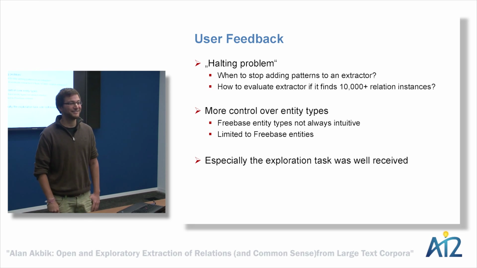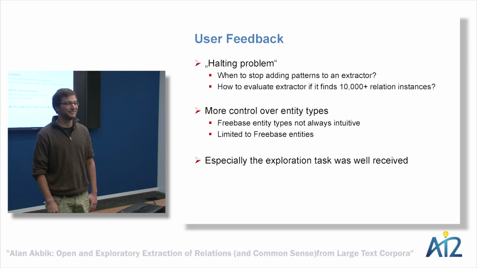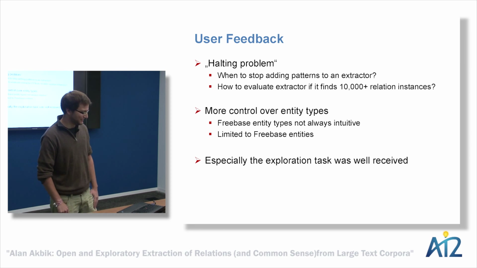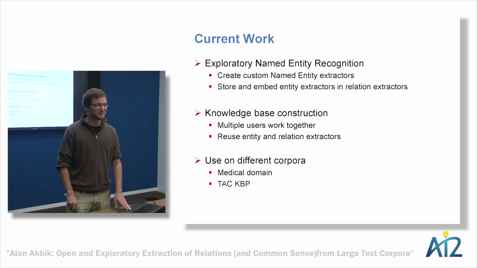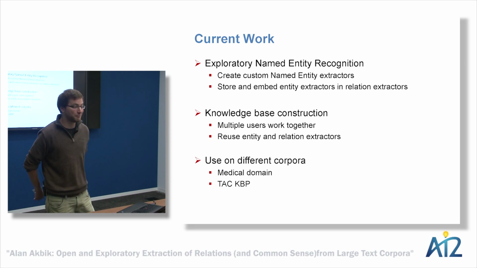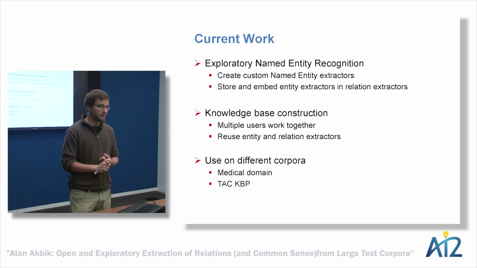Yes, yeah. Is there a way to write patterns for higher order relations that basically combine two relations? Yes. Not in this tool, but it's already online, but I'm not giving you the address because we're still working on that. So basically what we're doing right now is based on this feedback, users wanted to be able to write their own entity extractors.